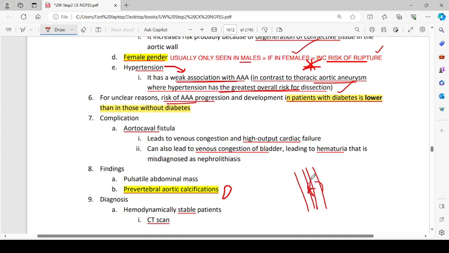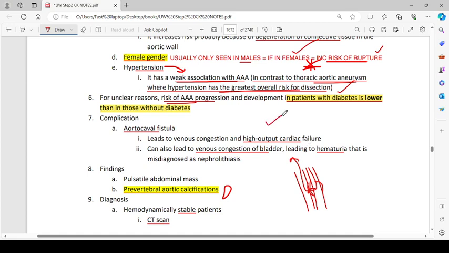So more and more blood will be passing from the aorta directly to the veins, inferior vena cava and back to the heart. So this AV fistula decreases the afterload, and there will be a tremendous increase in the preload. Both of these situations will lead to a situation where we can have a high output cardiac failure.